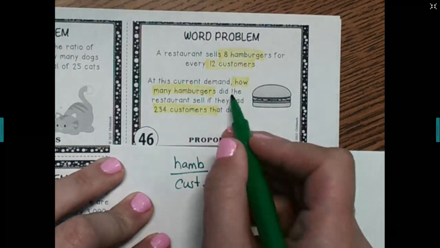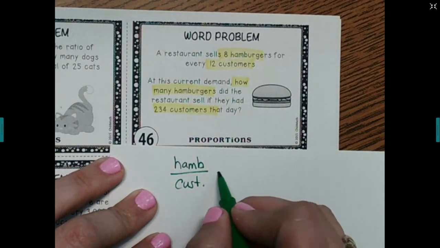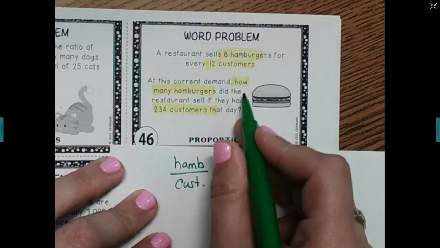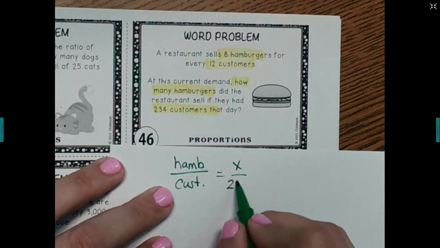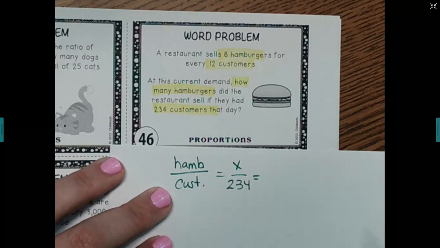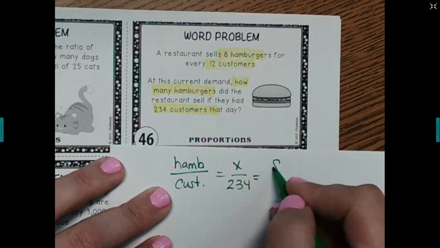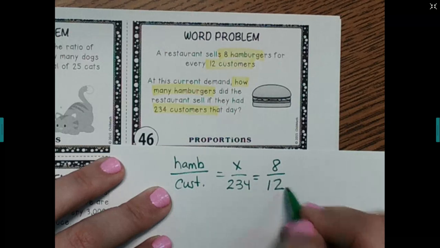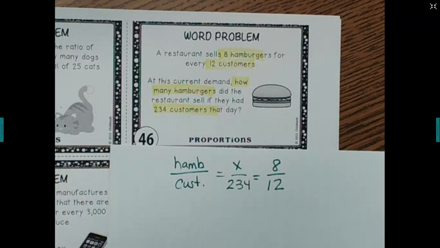How many hamburgers? I don't know. That's my X. 234 customers, that goes on bottom. Now I go back up and read my problem. It says there are 8 hamburgers for 12 customers. And now I have my proportion.